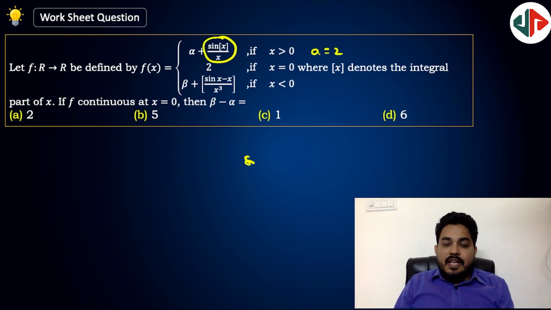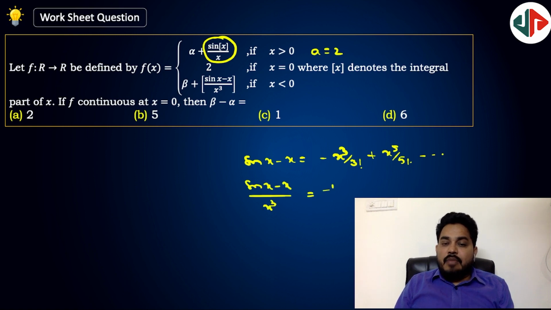Now sin x minus x is equal to minus x cube by 3 factorial plus x power 5 by 5 factorial, etc. So sin x minus x by x cube is equal to minus 1 by 6 plus x square by 5 factorial, etc. So when you are applying step, limit x tending to 0, this value will be equal to minus 1.